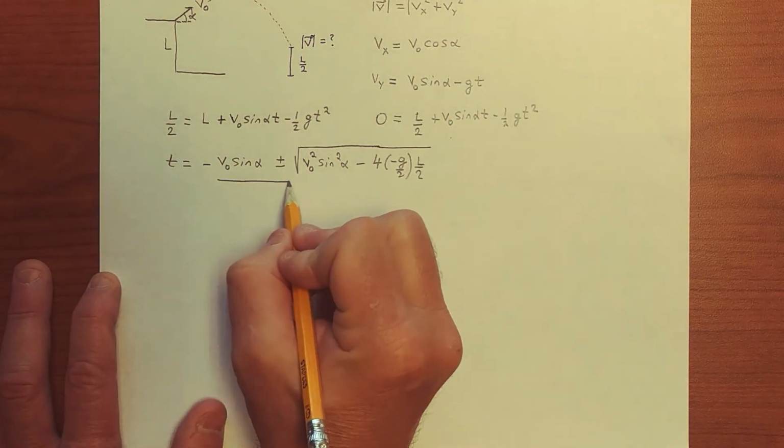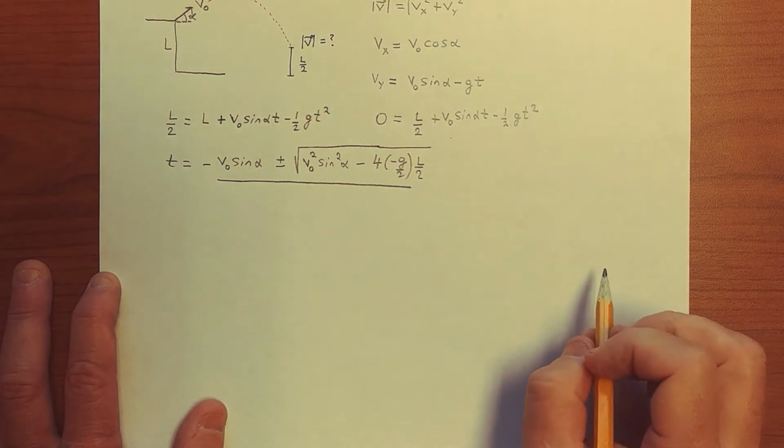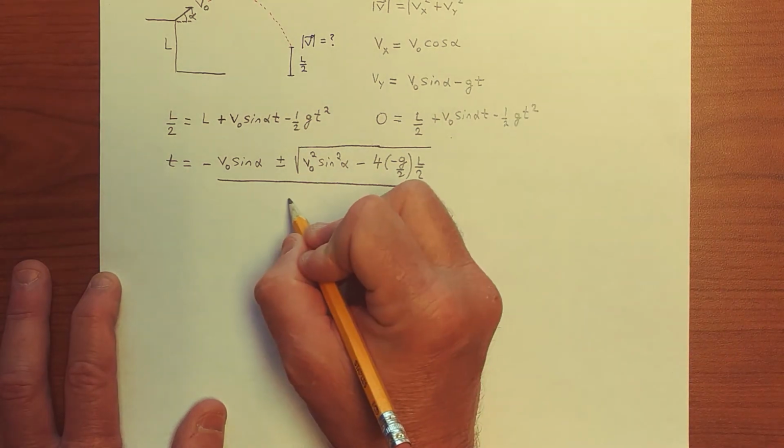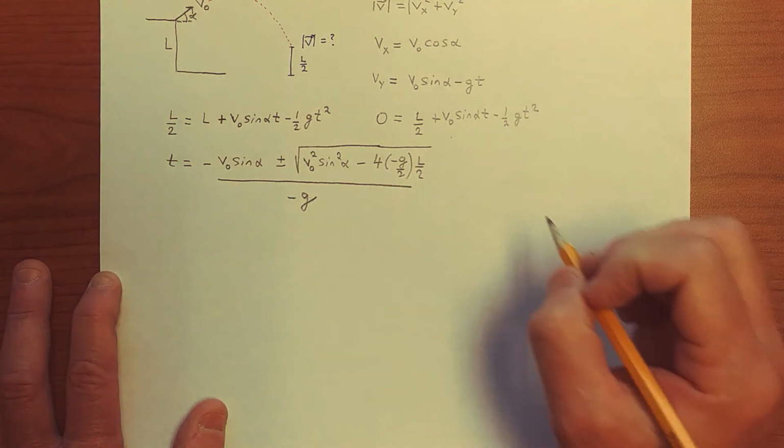And we have to divide all of this by 2a, and so we get minus g on the bottom.